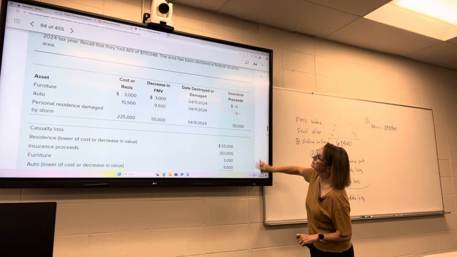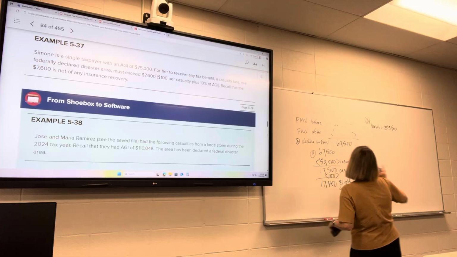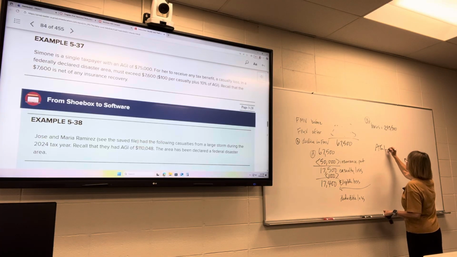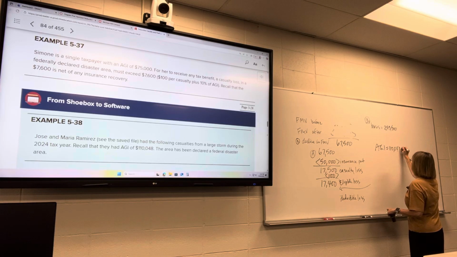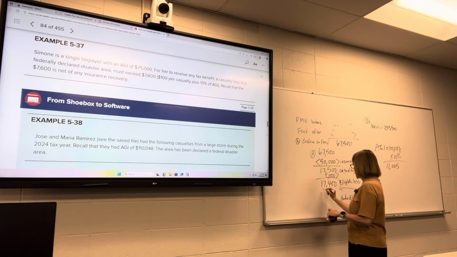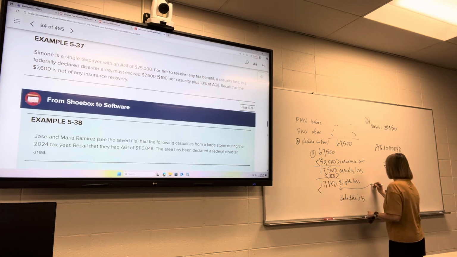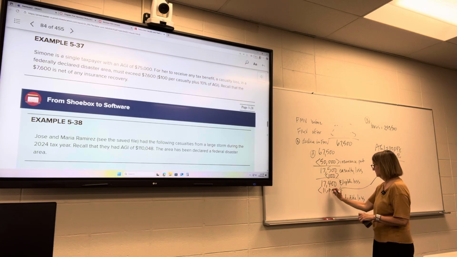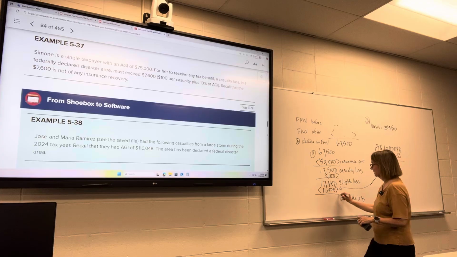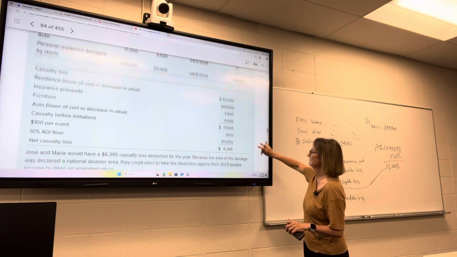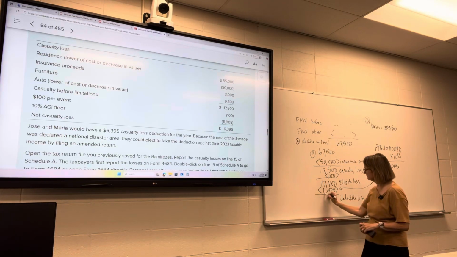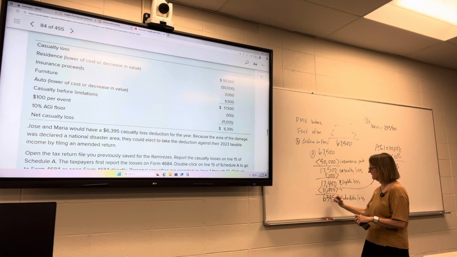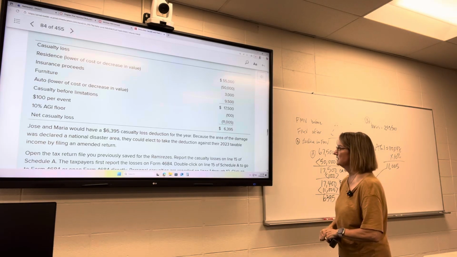And then their AGI, did they give it to us? 110,050 times 10% is 11,005. So we'll subtract that 10% of the AGI. And they've done the math for us here. 6,395 is the amount of their deductible loss that they can take.